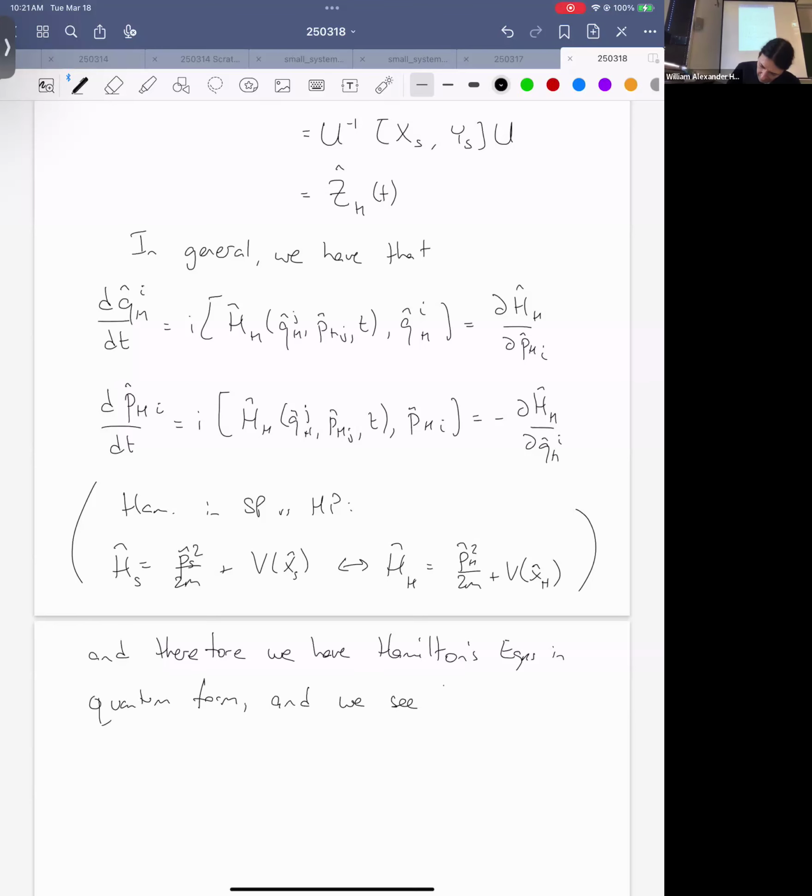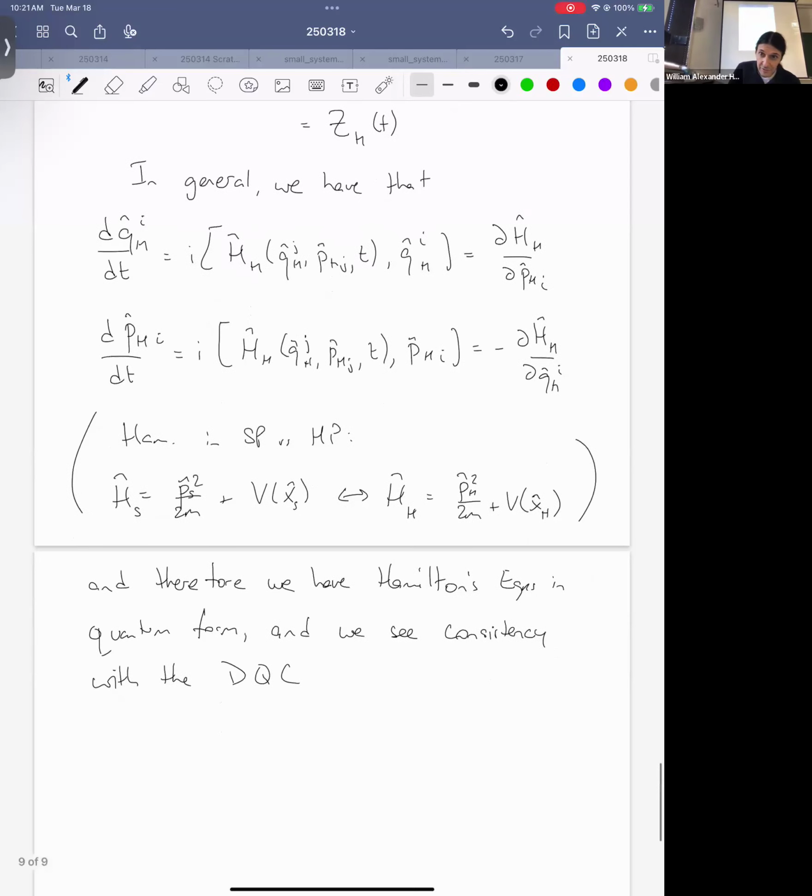And we see consistency with the Dirac quantization condition, which tells us that the classical Poisson brackets need to go over to i times the commutator.